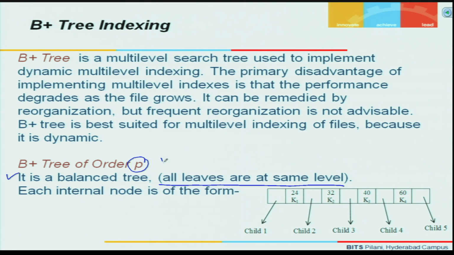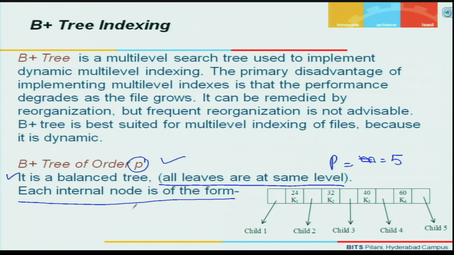Hence B plus tree is a balanced tree, and each internal node has the structure or form which is given here. And if you look at this, here m is equal to 5 because the order P is equal to 5, because the maximum number of children an internal node can have is 5.